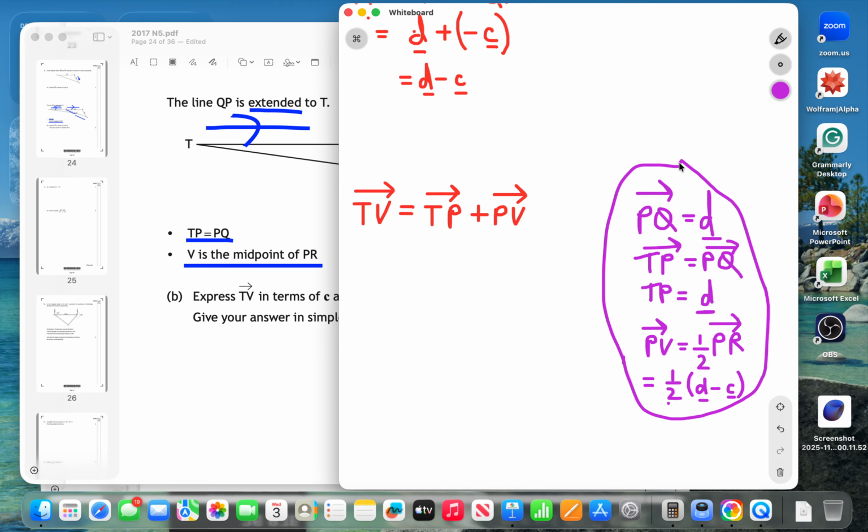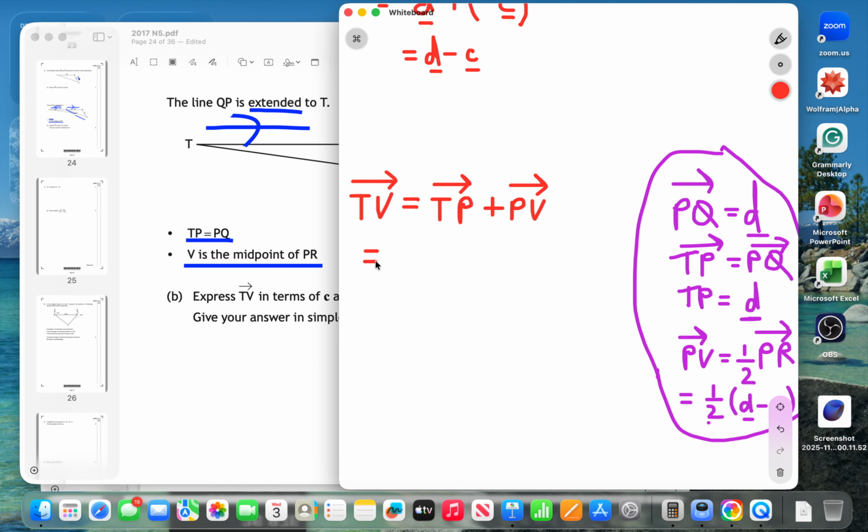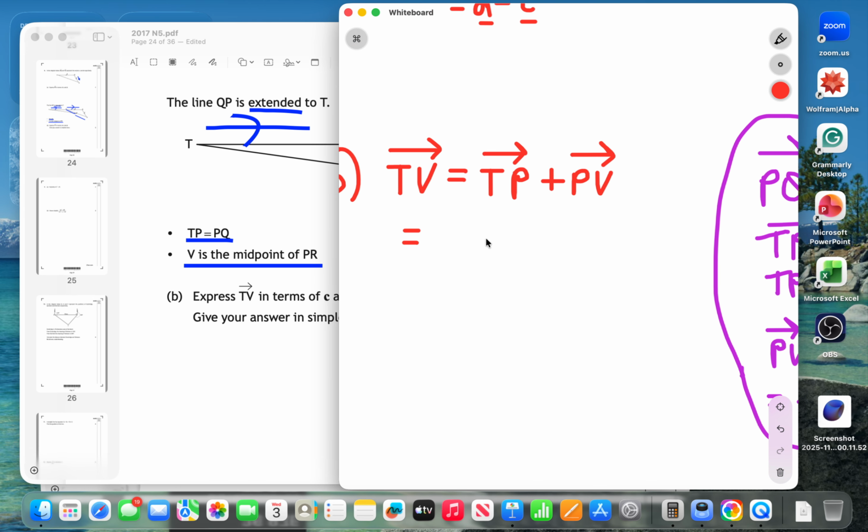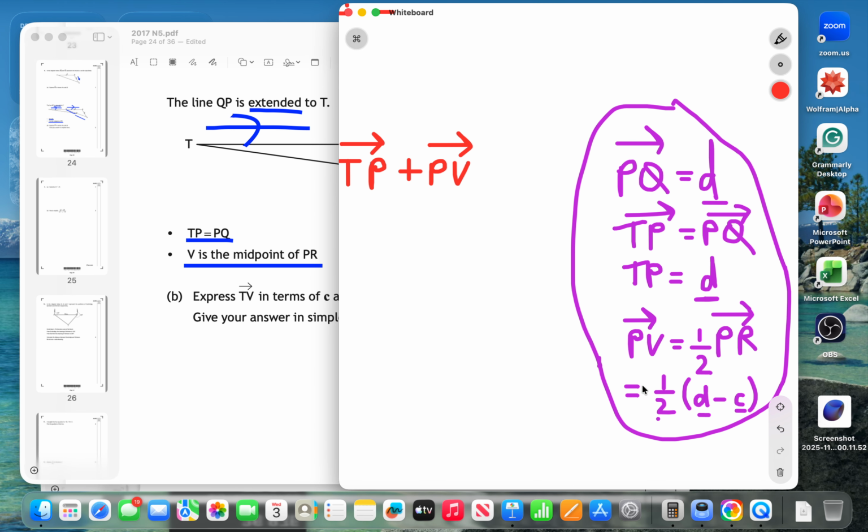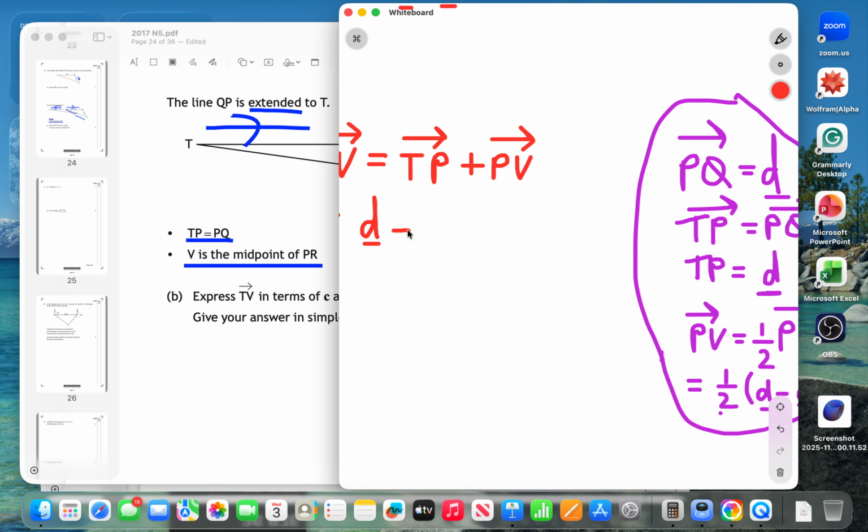But in this case, you actually do want to show this level of detail, including anything I write in purple. I would put down: so TP is equal to D, and PV is 1/2 of D minus C.